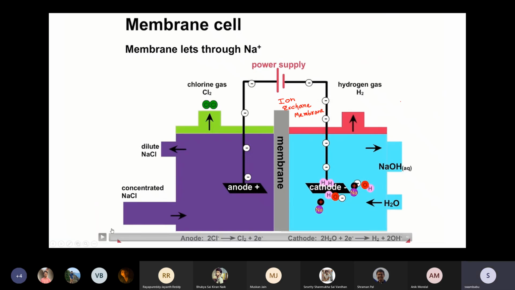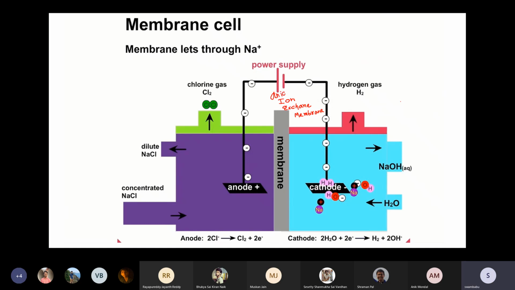So here, the membrane we take in this membrane cell chlor-alkali process is of one type.